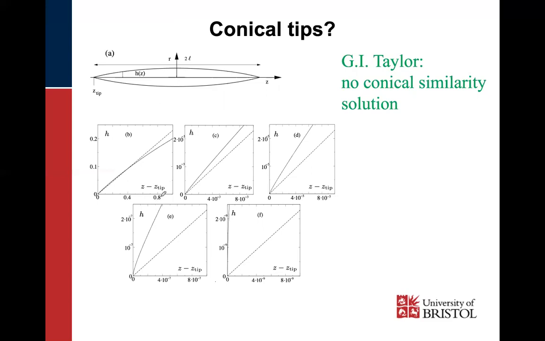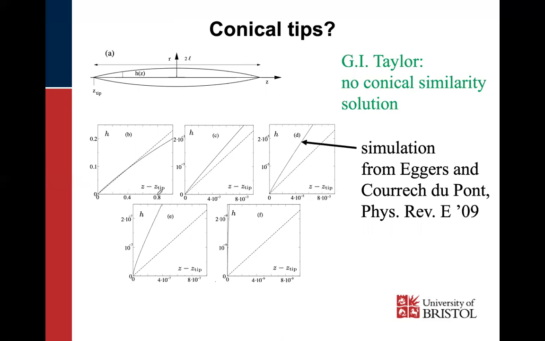So this is all relative to the tip. The first panel here shows the interface on a scale of order 1. And you see that the interface from the numerics agrees rather well with the dashed line, where the dashed line is the result of Taylor's leading order theory.